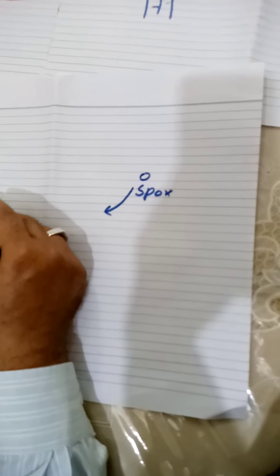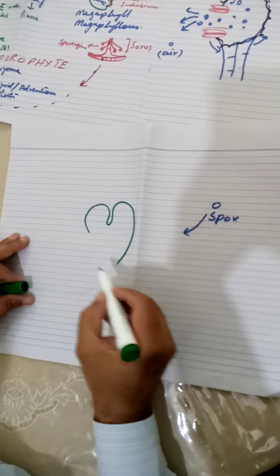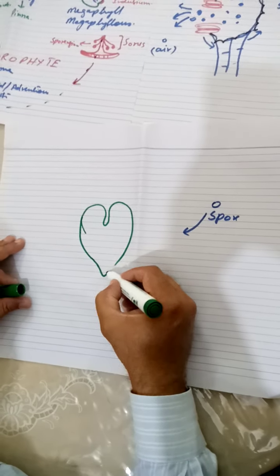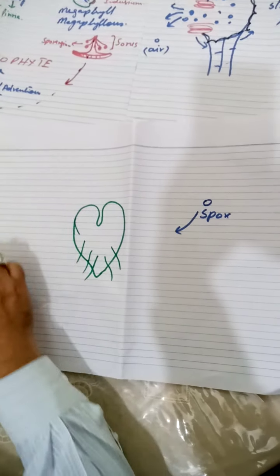The spores dispersed by air then form the gametophyte, like this one. The spore always changes into a gametophyte. The gametophyte of Adiantum is like this one, cushion shape. It contains rhizoids. Here is the antheridium, which produces sperm.